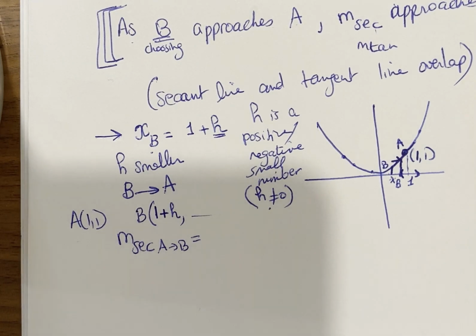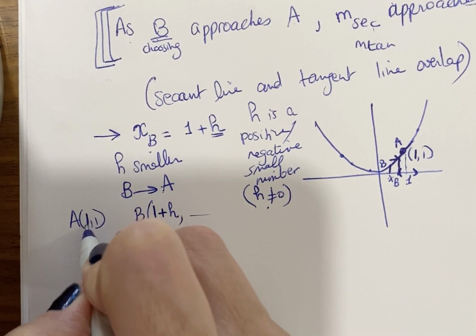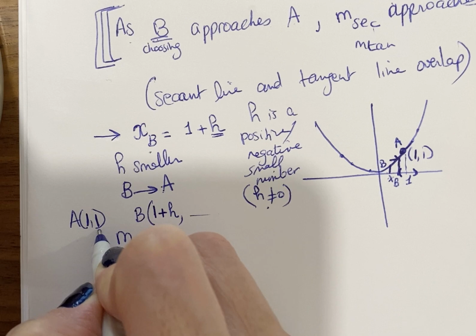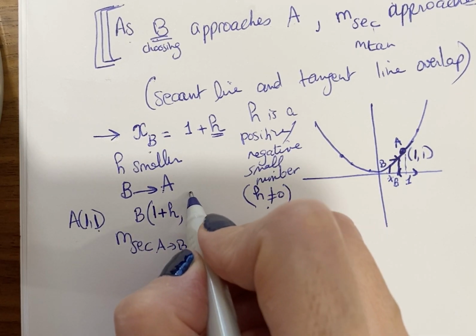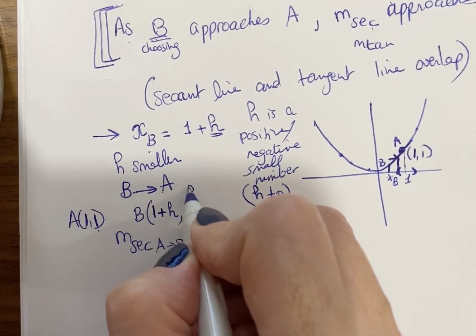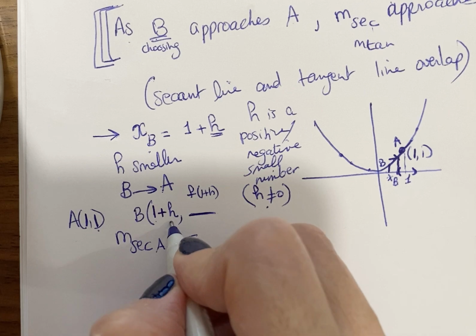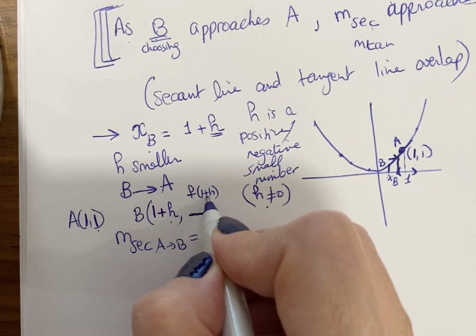Well, the Y value is 1 plus H as well. It shouldn't be. No, we don't say this, add to it H, then this, add to it H. No, always remember what happens here. The Y value of B is the function evaluated at X. So if X is 1 plus H, the Y value will be f of 1 plus H.